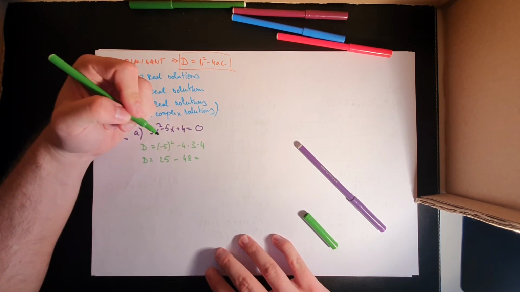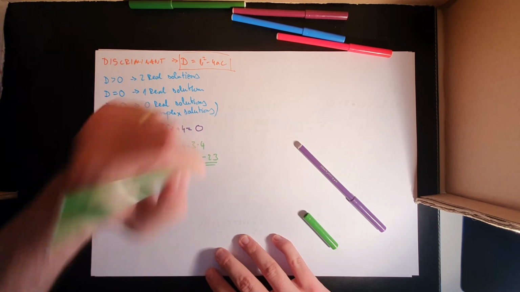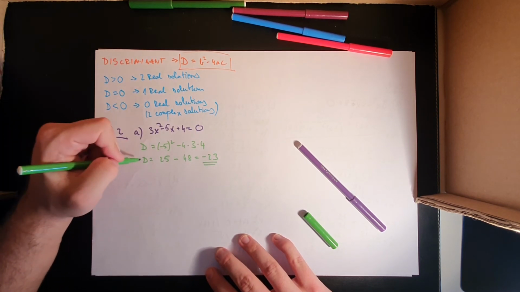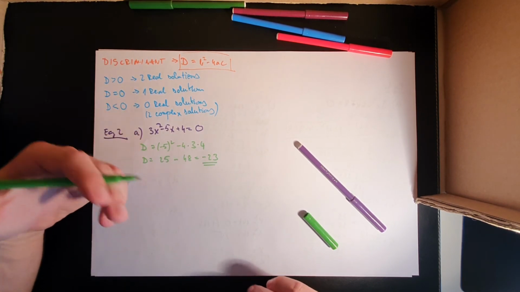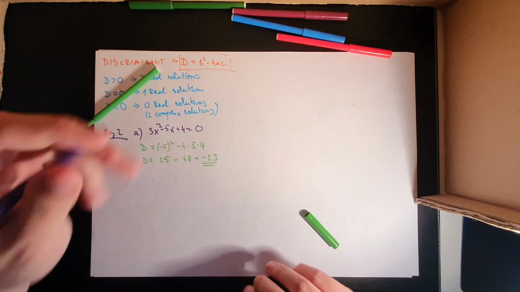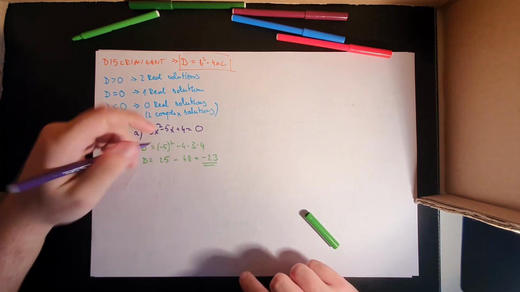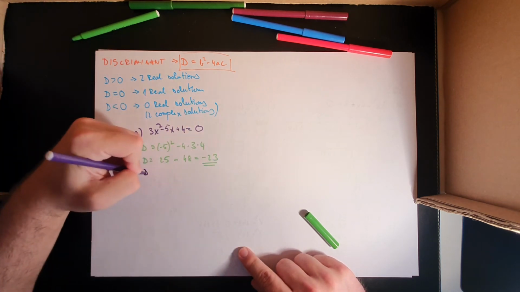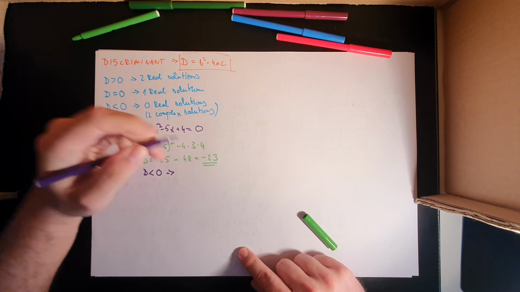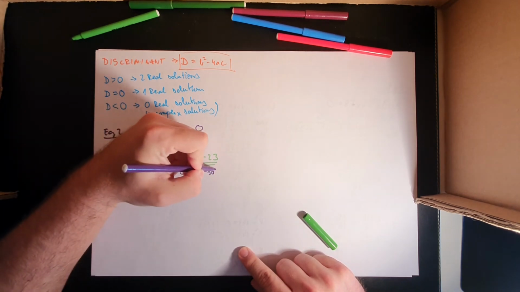If you subtract 48 from 25, we're going to get minus 23, and we got a negative value for the discriminant. So this would mean that inside of the root is a negative number, which gives us the answer that D is less than 0, meaning there are 0 real solutions.